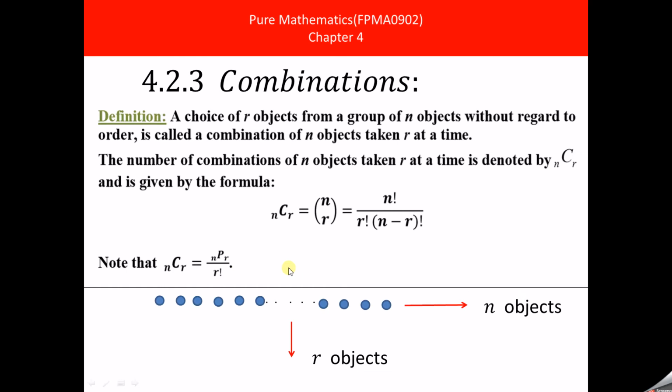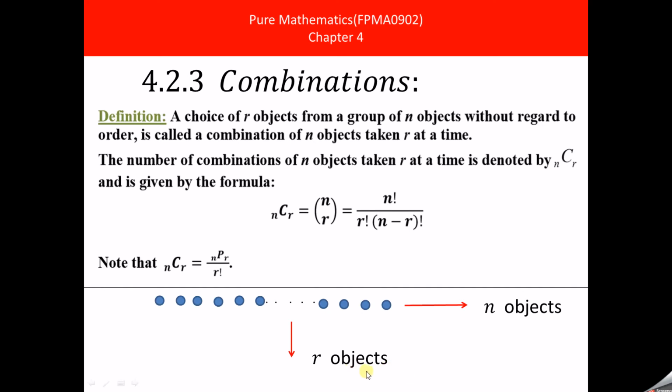The meaning of this is: there are n objects, and we are taking any r objects from this set of n objects. When we are selecting these r objects, we are not taking the order into consideration. These r objects may be in any order.